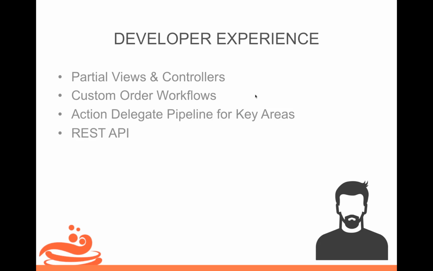Next is the action delegate pipeline. That's a fancy way to say that you can write custom code that gets executed on certain views. So think about there are a couple of actions that happen that you may want to be able to write some custom code to do some work before they're executed. Think about the add to cart button.